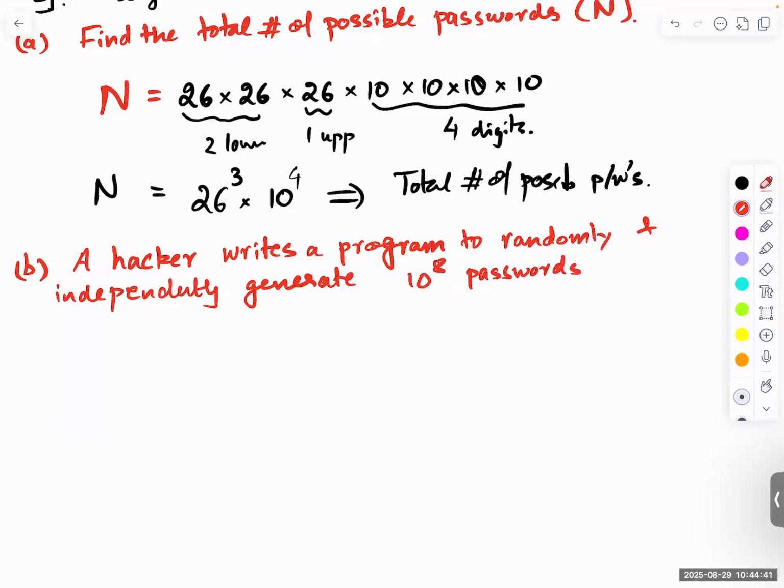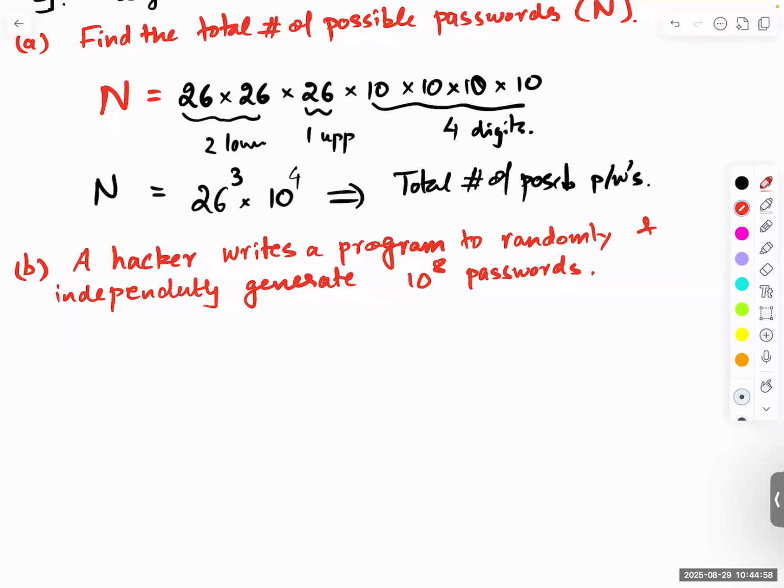So the hacker is going to follow the above rules and start generating random passwords. Okay. Keep in mind that I'm doing it independently, which means that the same password in principle can be generated 2 times.